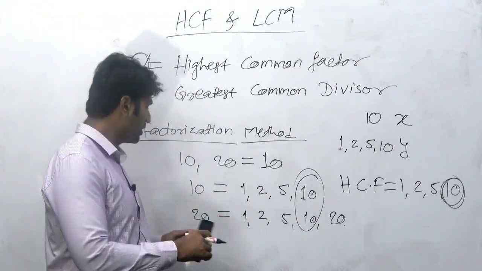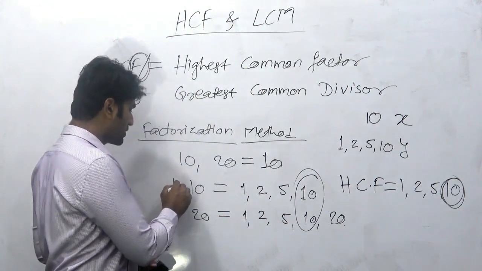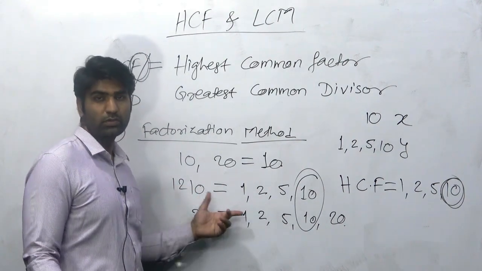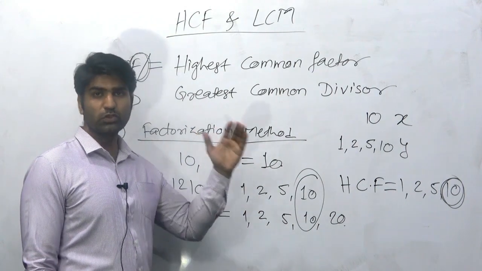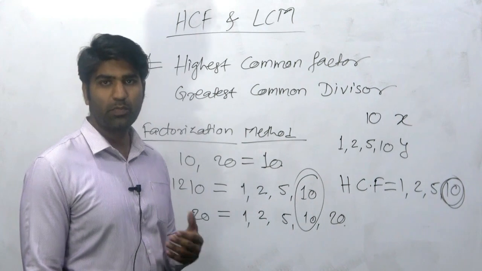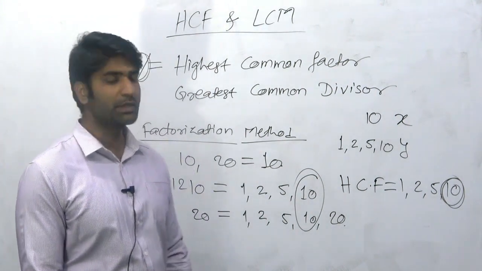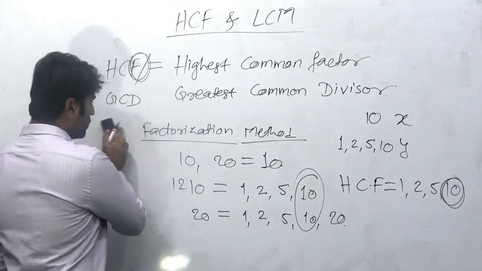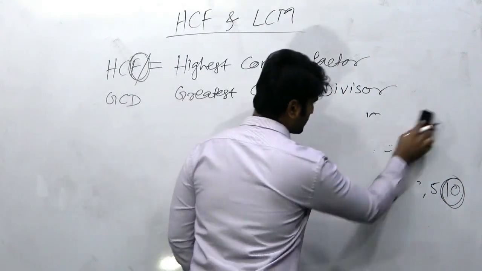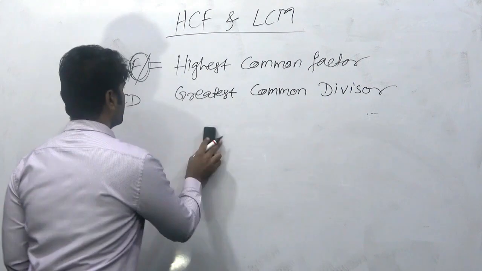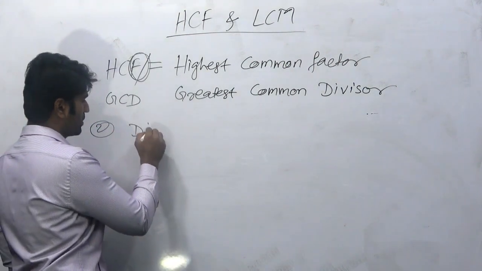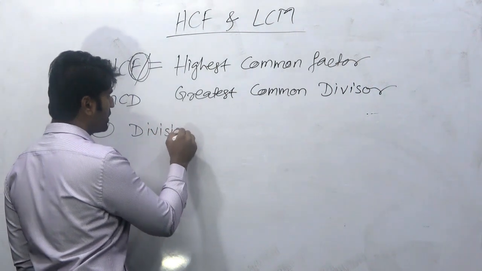Suppose there is a number like 1210, then we cannot easily find its factors because there are many more. So the next method, which is very useful, is the division method. We solve all the examples by the division method.